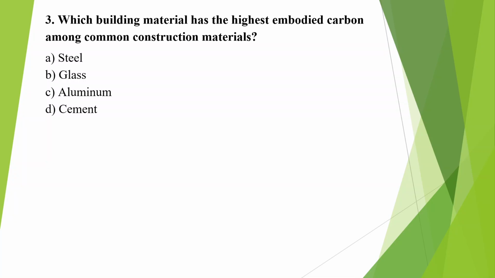Several material properties have been discussed. Based on that, try to answer which material has the highest embodied carbon among common construction materials that have been discussed. These are several common construction materials that are utilized while constructing buildings, but out of them, which has the highest embodied carbon?